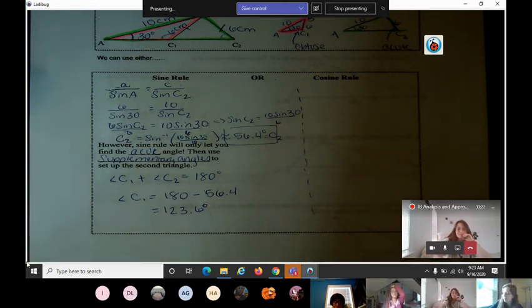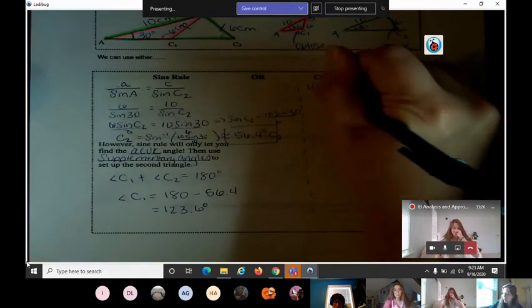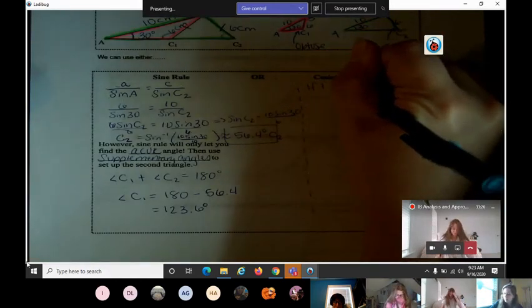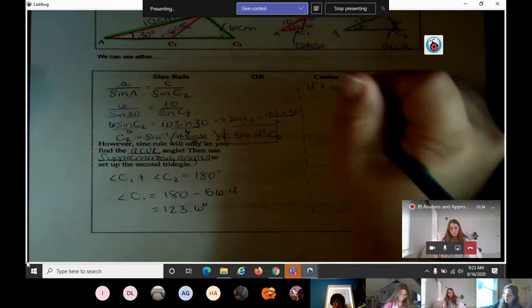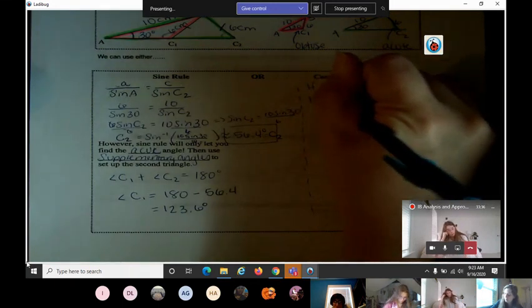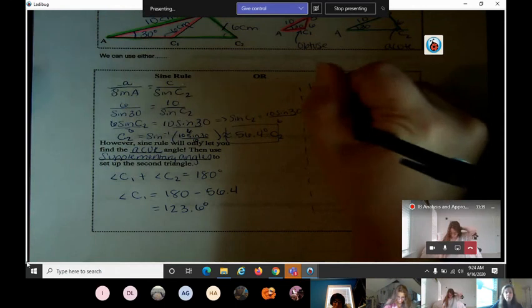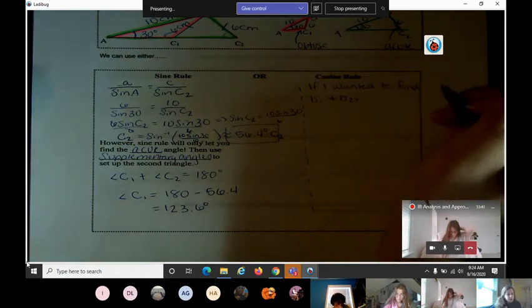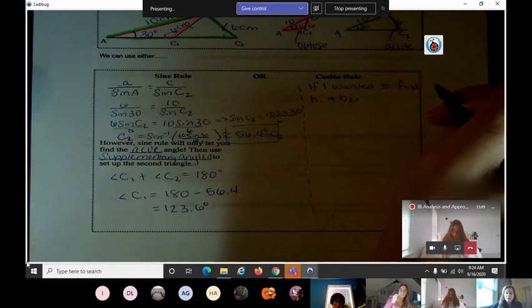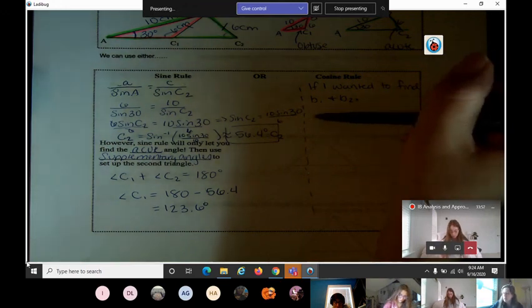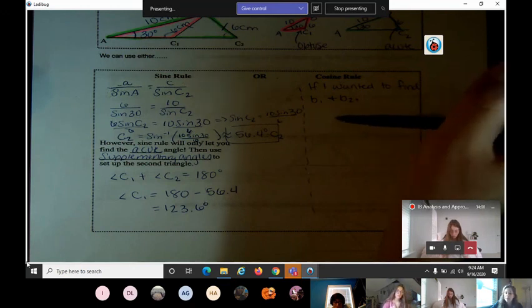So if I wanted to find B1 and B2, I would need to set up an equation. Unless I sat down and solved for the angles B1 and B2, I don't have them, so I shouldn't use the cosine rule where I have b squared equals a squared plus c squared.